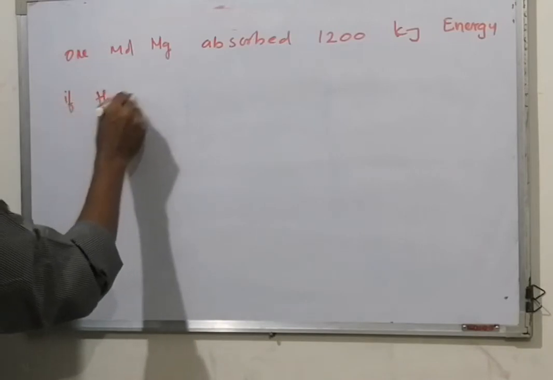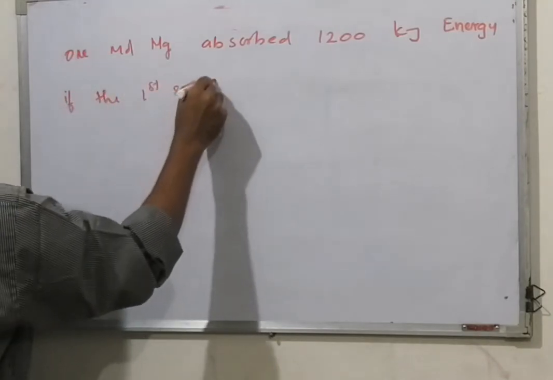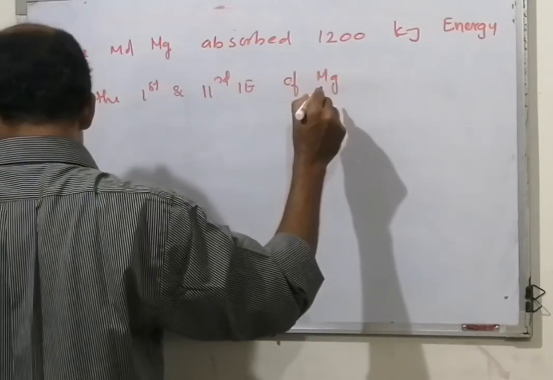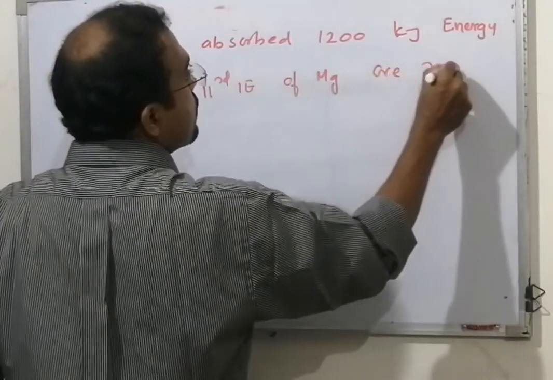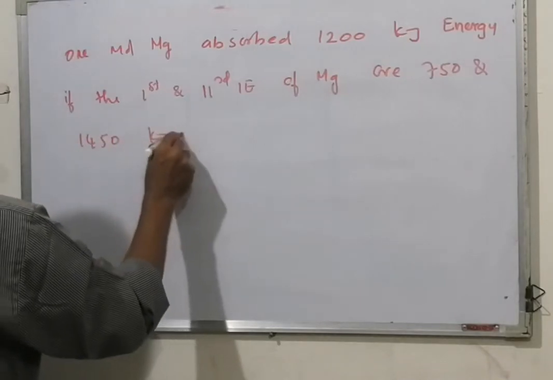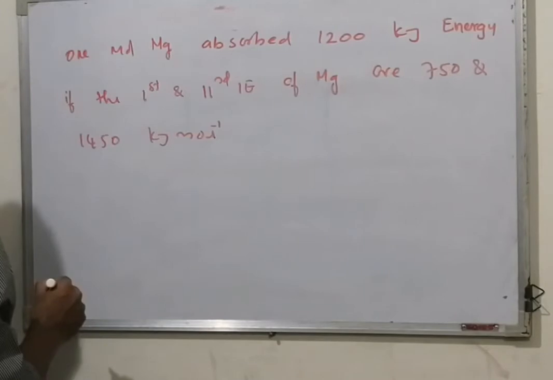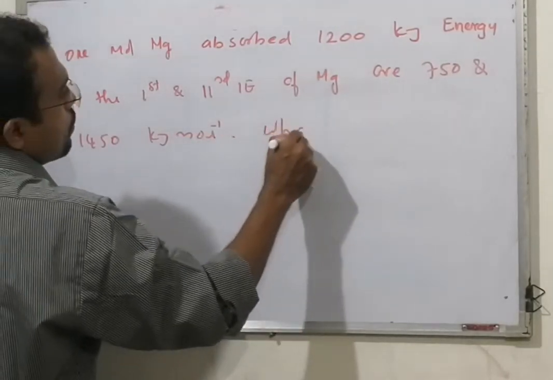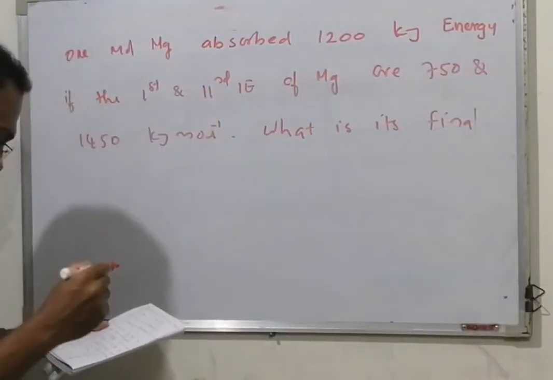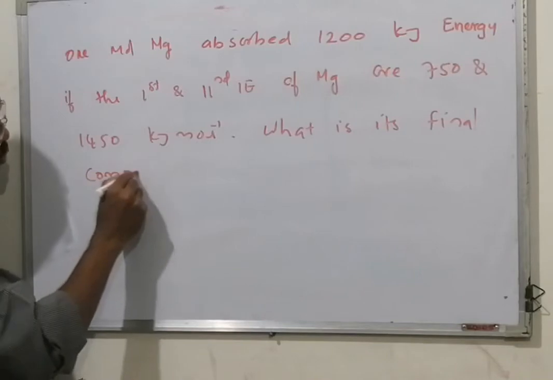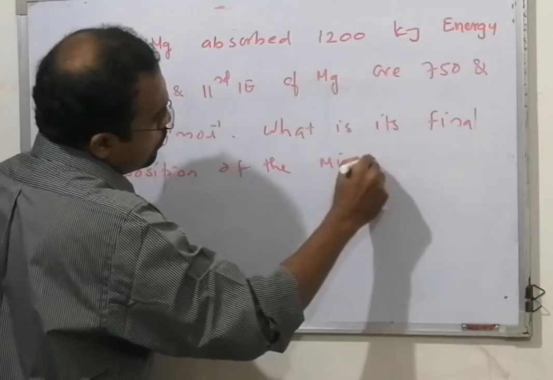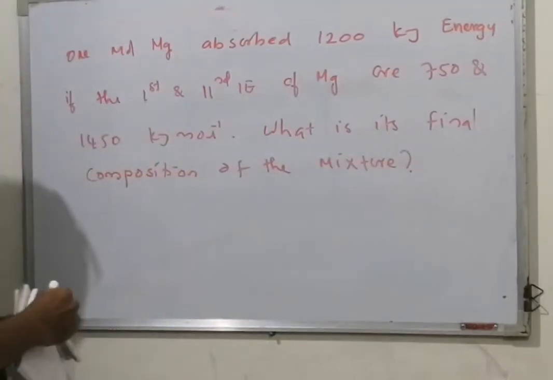If the first and second ionization energy of magnesium are 750 and 1450 kilojoule per mole, what is its final composition of the mixture? Very cunning question.